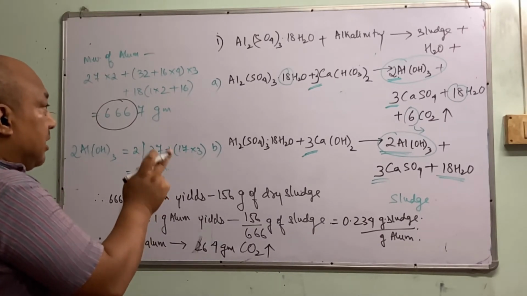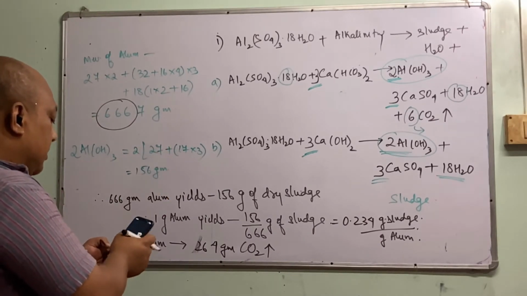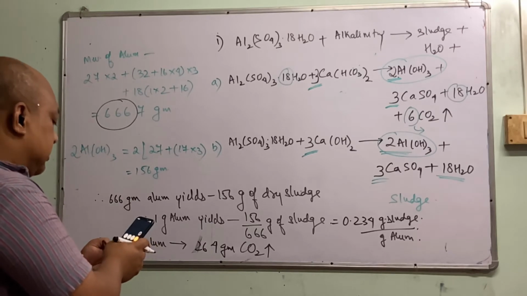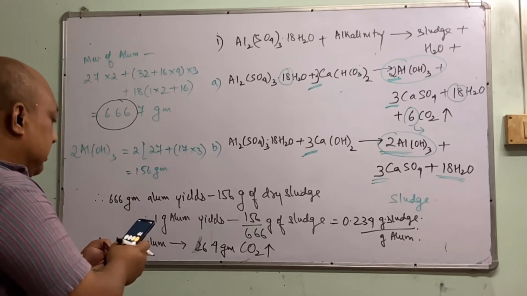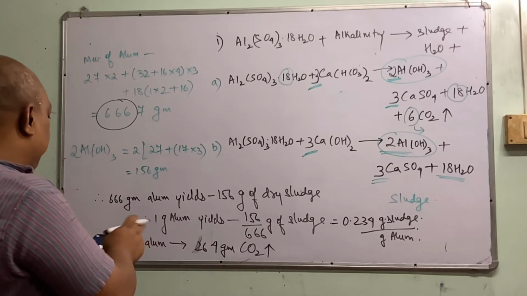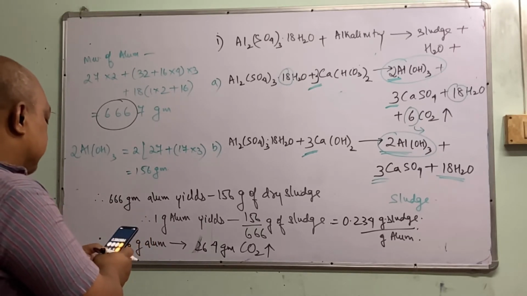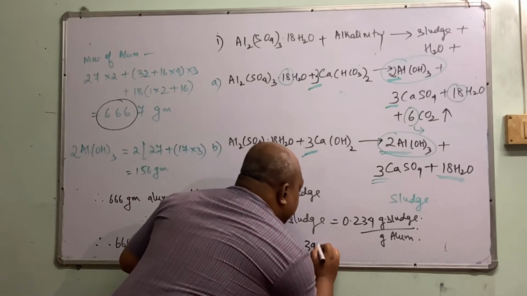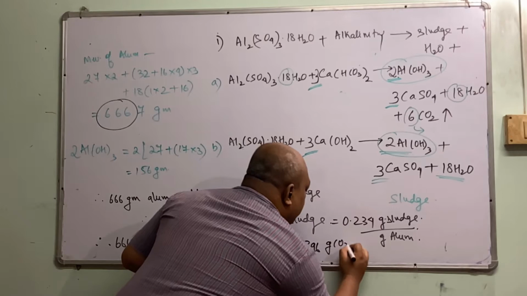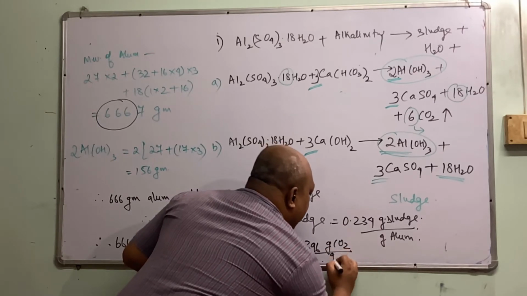Carbon dioxide is 12 plus 16 into 2, 44, into 6 is 264. 264 divided by 666 is 0.396, so 0.396 gram of CO2 is produced by 1 gram of alum.